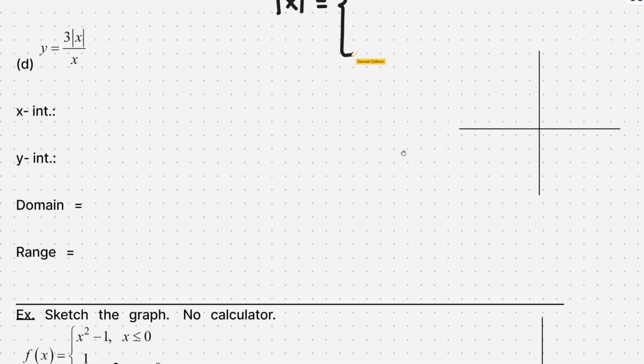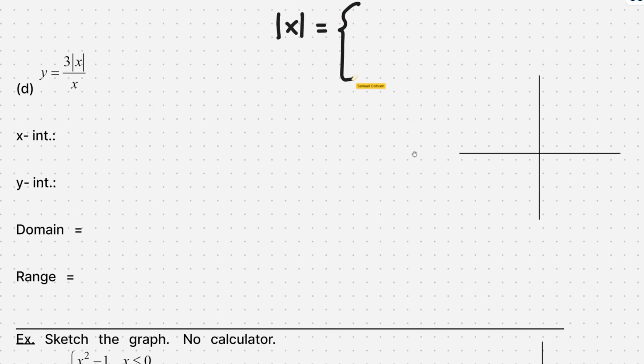Whatever's inside of the absolute value bars is always positive. So if it's already positive, then it just equals itself. And so the absolute value of x is the same as x, so long as that x value is not negative, 0 or positive.